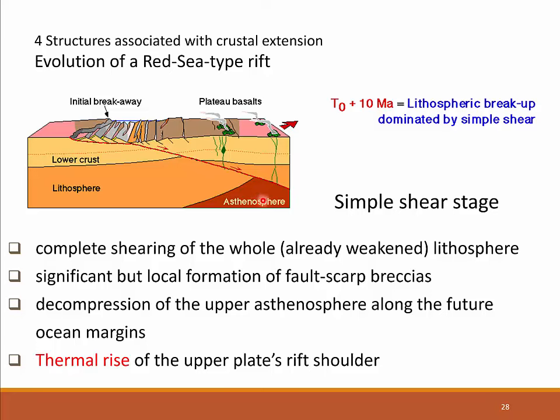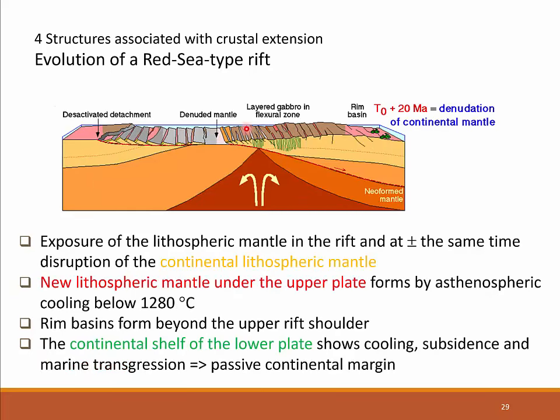These are typically basaltic melts, and these basaltic magmas may reach the surface in the upper rift shoulder and form plateau basalts. The heat input from the asthenosphere will heat up the upper rift shoulder, and that will cause a thermal rise of this region and therefore high topography in the area where we find plateau basalts.